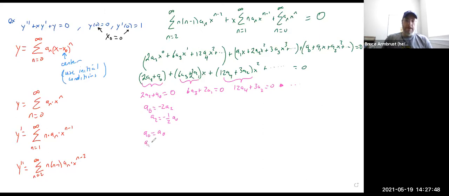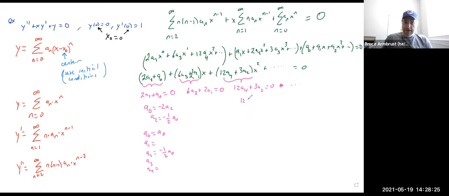All right, and we'll just start making a list of what these things are going to equal. So we've got A0, A1, A2, let's put in an A3 and an A4 since I've gone at least that far. If I know A0, then A2 is going to be minus 1/2 A0. But check this out. If I know A2 and I run over to this piece, I can get A4. 12A4, not A9.